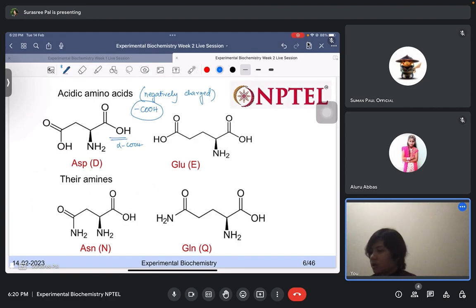But this particular one here is the R group. So this carboxyl group is extra in this amino acid, which is why it is an acidic amino acid, or it can stay in a negatively charged form at physiological pH. This one is aspartic acid, written as Asp or D, and this one is glutamic acid.